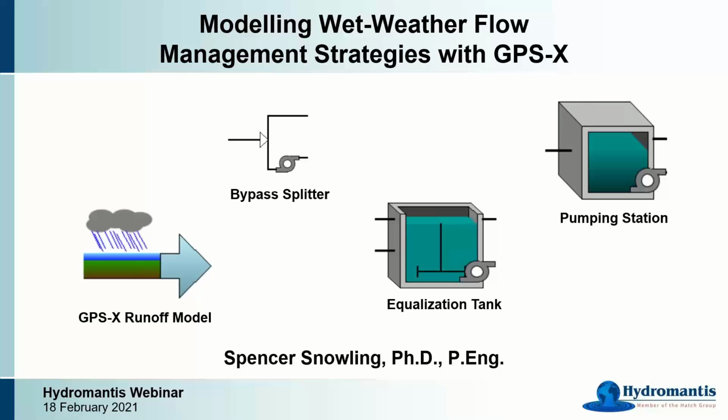As GPSX is a process simulator, we're going to be focusing mostly on the biological part of all of this. So what kind of effects are the high flows going to have on the biology in the activated sludge? We're not really going to be talking today about fundamental hydraulics, more so just about what happens when you push a lot of water through and potentially wash out some of your biomass.